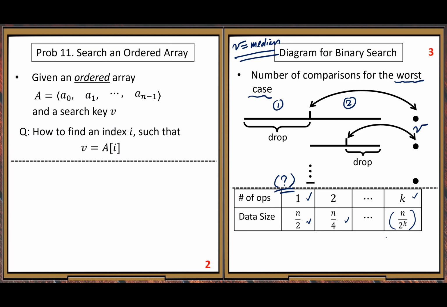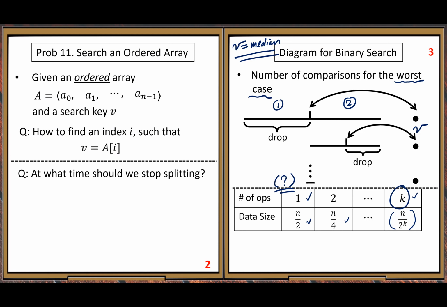Now we'd like to figure out this k and see for what k we reach the end point, the last comparison. That number is important. We need to figure it out. So the question, at what time should we stop splitting?